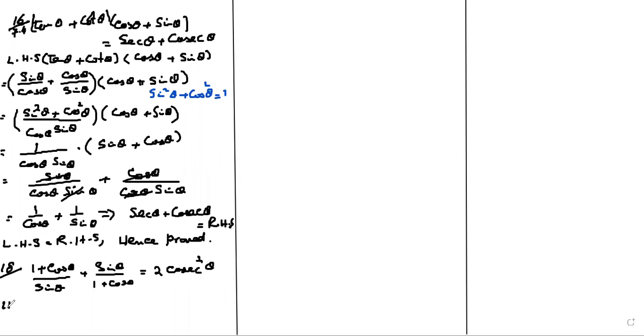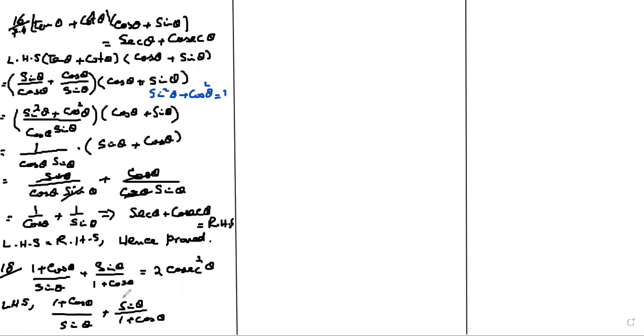So left hand side equals 1 plus cosine theta over sine theta plus sine theta over 1 plus cosine theta, right?